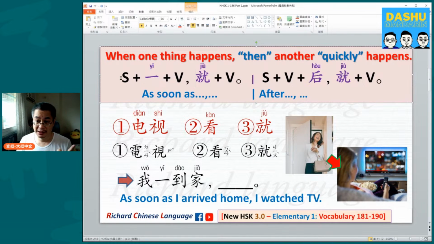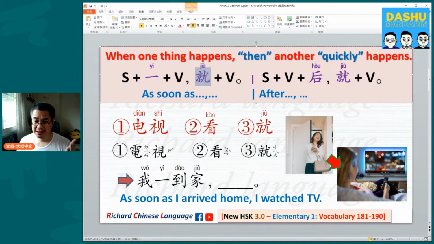For example, this one: 一……就…… It means as soon as one thing happens, another thing quickly happens after the first thing. So remember this use. It's a really important structure for you to remember.